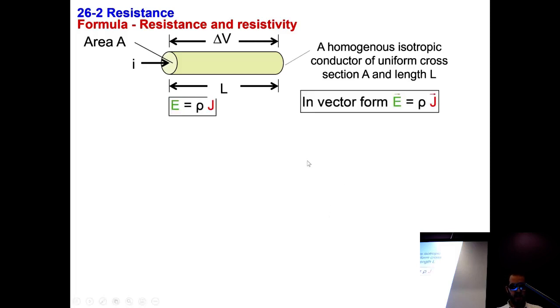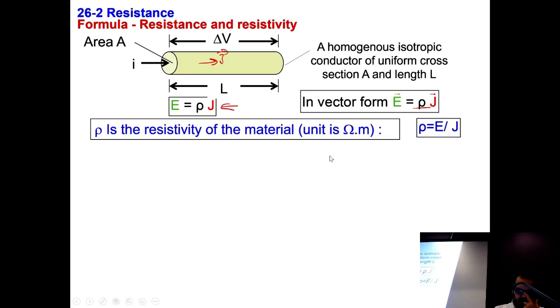We know the electric field is equal to the resistivity times the current density. This is what we have seen in the previous slide, and I can write it also in vector form. The electric field is really an electric field vector, so E equals rho times J, with J also a vector.